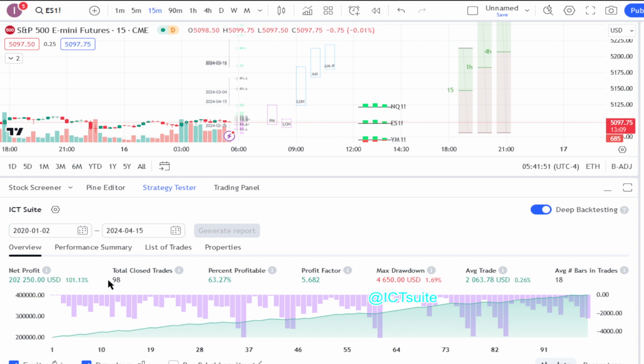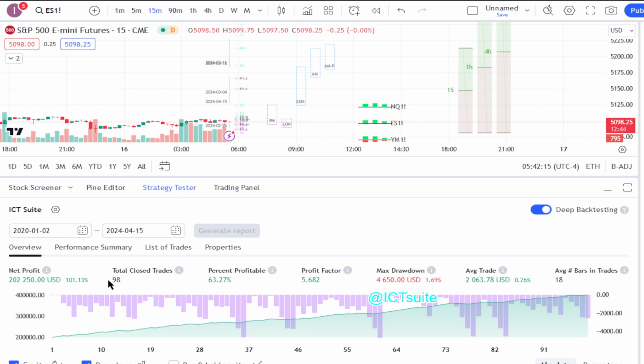So a stop loss of 6 gives 202,000, so it's an improvement. 98 trades again, and 63%. 2,000 per trade.